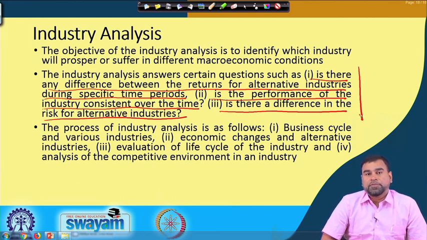At any point of time health issues will be there, so the product or sales is not going to be affected by the business cycle. So, these are highly defensive industries, not affected by any kind of cyclical fluctuations.